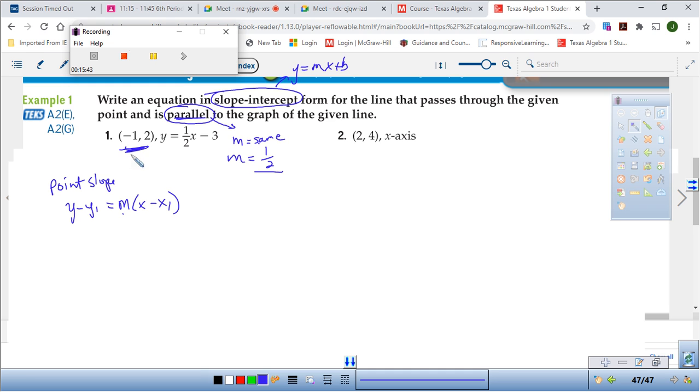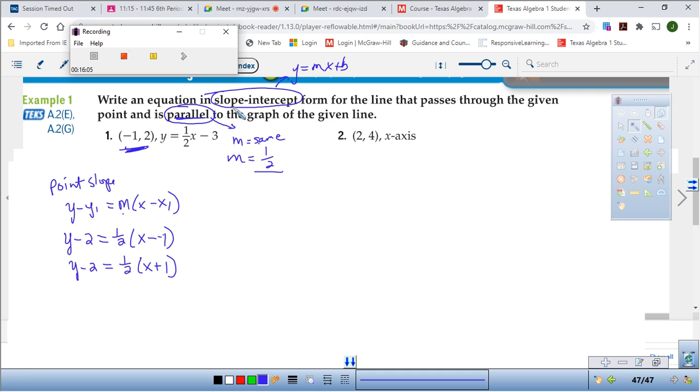And there it is, plugging my values there. So I'm going to have y minus 2 is equal to an m of a half, x minus x1, x minus a negative 1. So we're going to have y minus 2 is equal to 1 half, and then x plus 1.